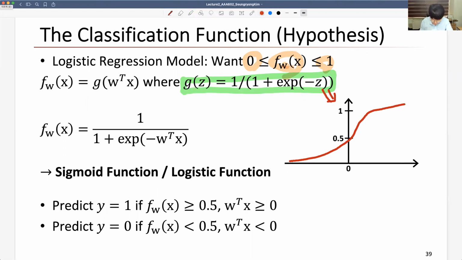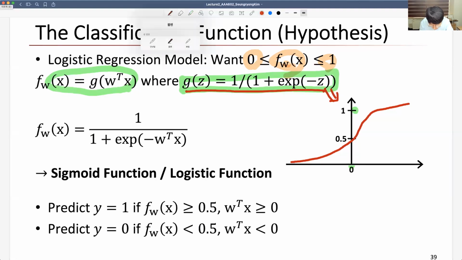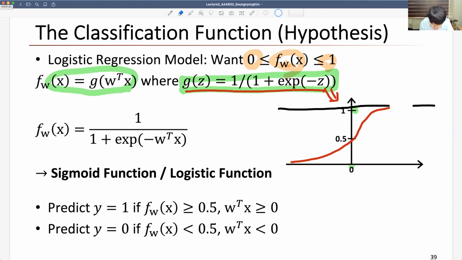If we use this kind of nonlinear function, then we can make the output of the mapping function within 0 and 1, something like this one, right?